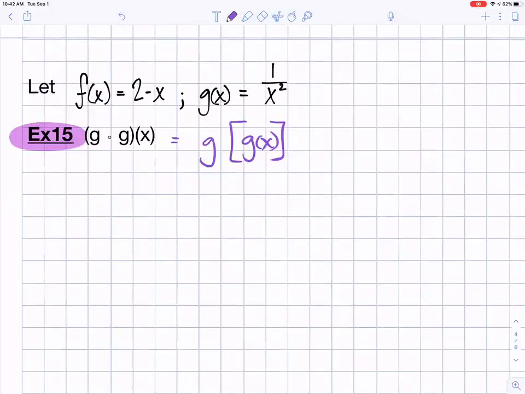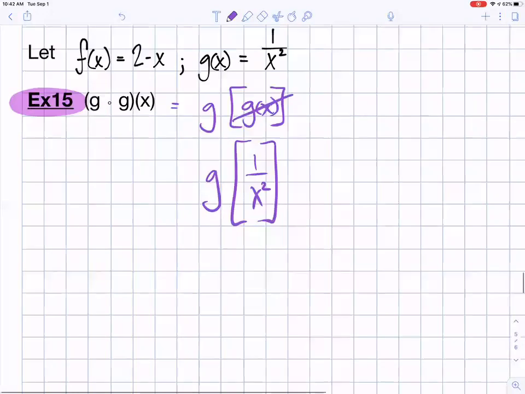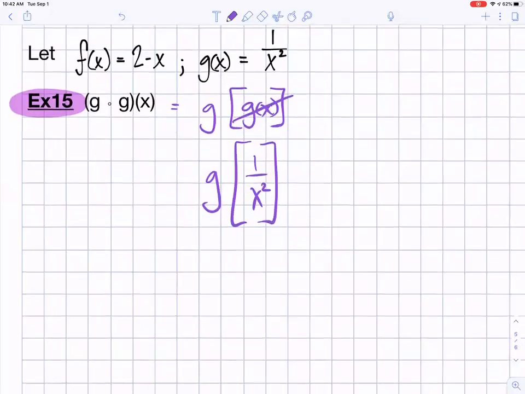Okay. I start on the inside, right? So what's g of x on the inside? 1 over x squared. Now don't forget to plug in all the stuff around it. Okay, now I could say, what's g of 2? What's g of pencil? What's g of fish?